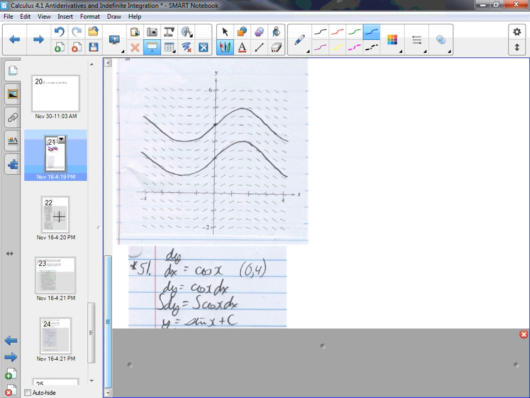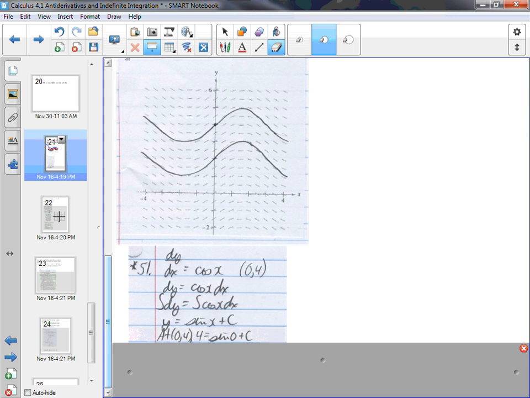All right, so that's our general solution. If they did not tell us that our function goes through the point (0, 4), that's as far as we could go, isn't it? But now we get to find the particular solution because they give us an initial condition. The initial condition is that whenever x equals 0, y equals 4.